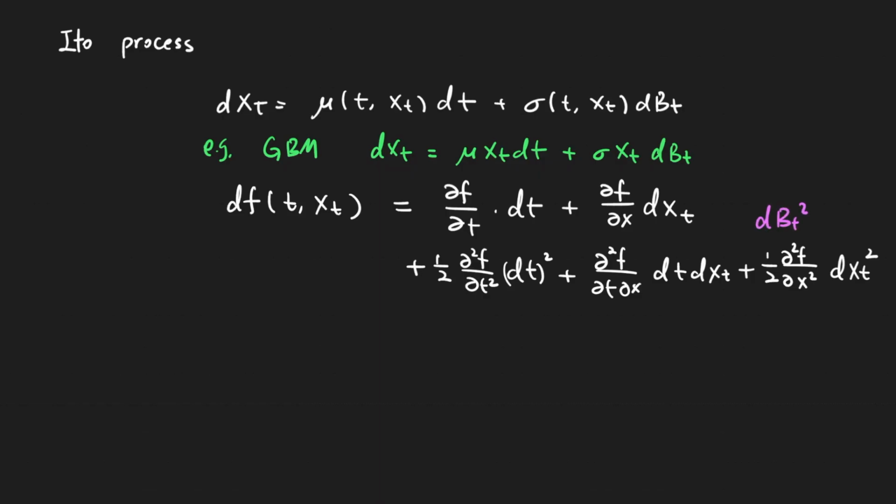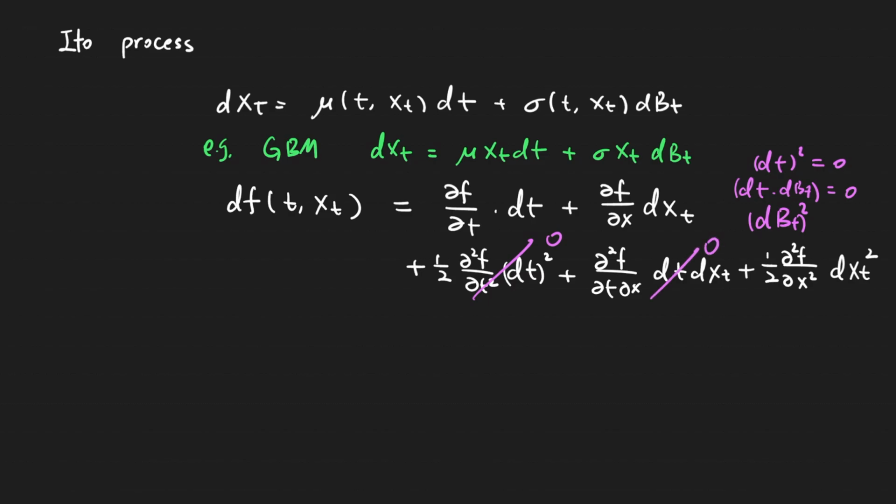Only the square of the Brownian motion is going to survive. And dt squared equals 0, and dt times dbt also equals 0. The first term is going to go away, and the second term is also going to go away.